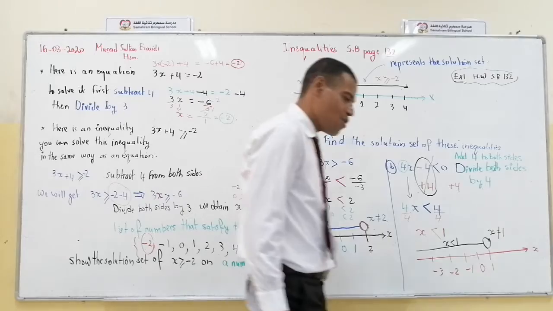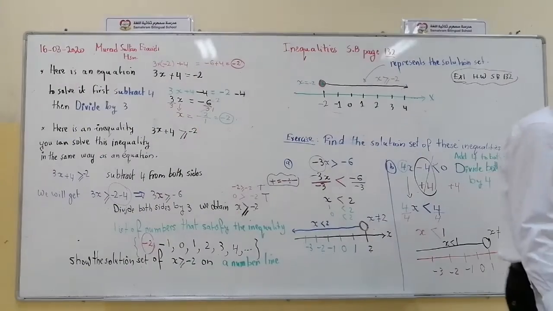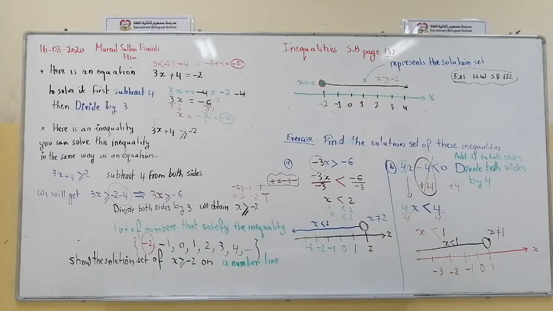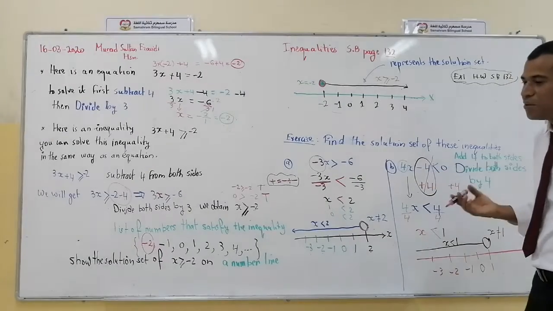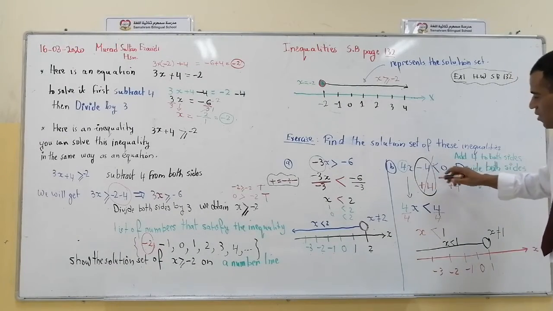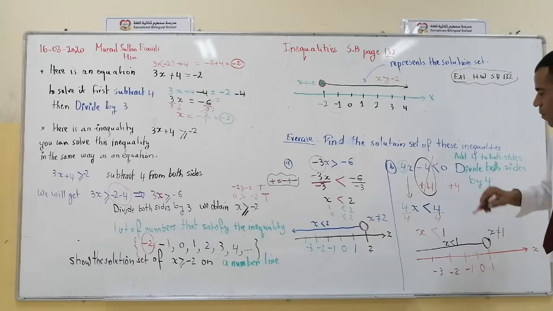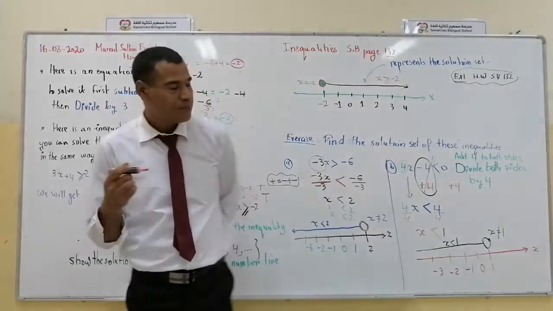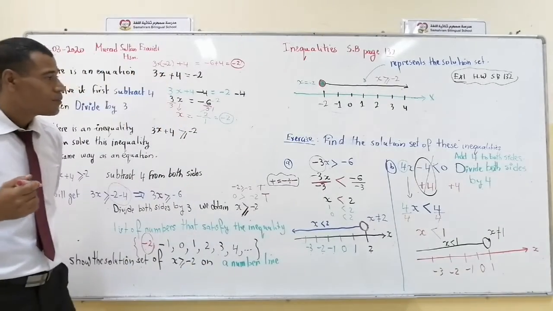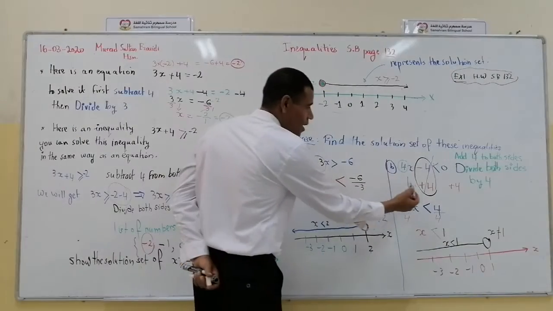The next question. You can notice that the coefficient of x in my inequality is positive, so it's easy to solve this one. This is negative 4, the opposite of 4, so add 4 to both sides. Then simplify. I will make here plus 4.